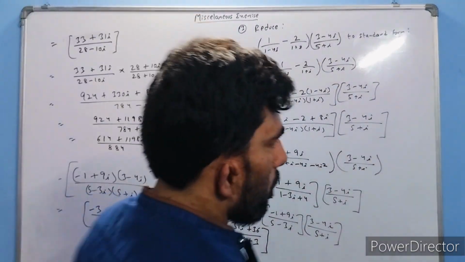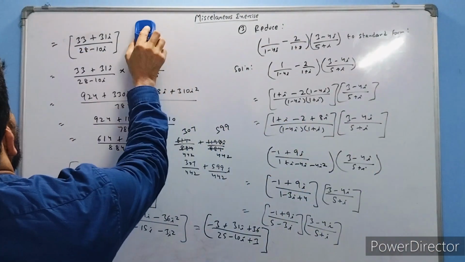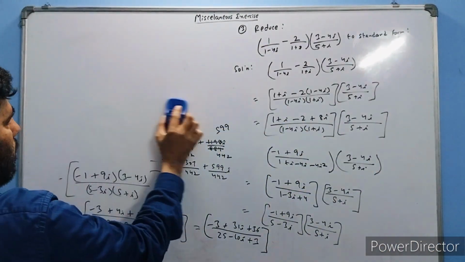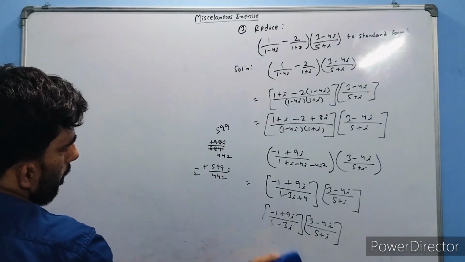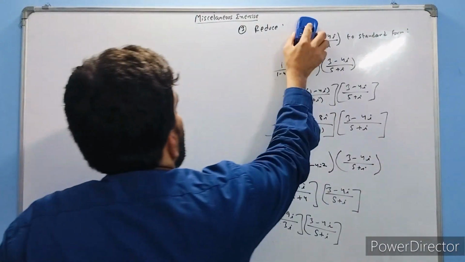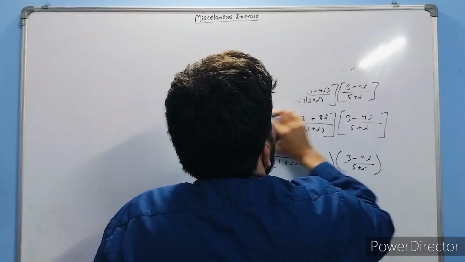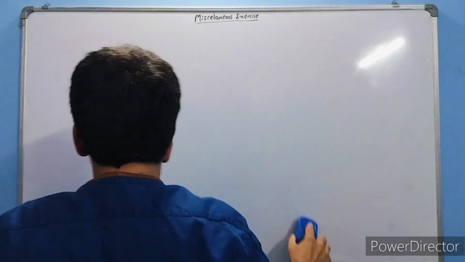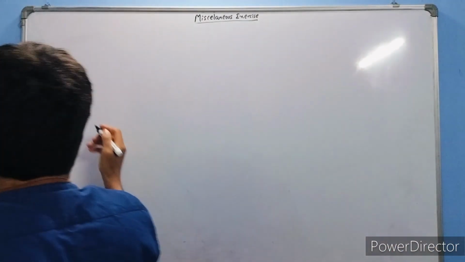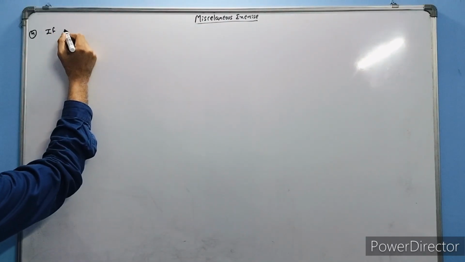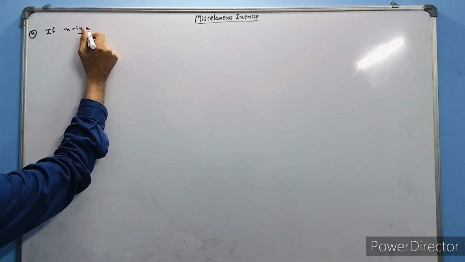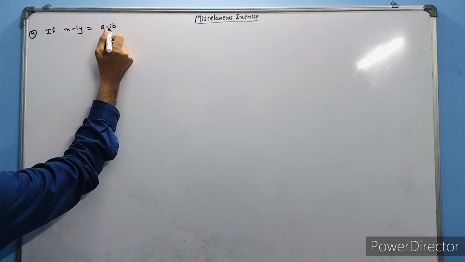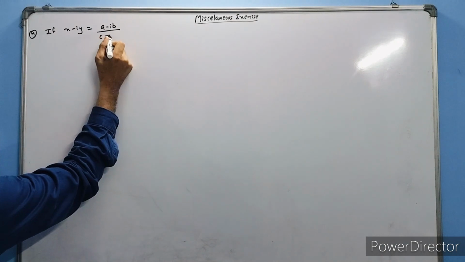Now let us try to solve the fourth question. We have just solved only 3. Now we'll try to solve the fourth. Now what the fourth question says, if we have x minus iy is equal to a minus ib upon c minus id.